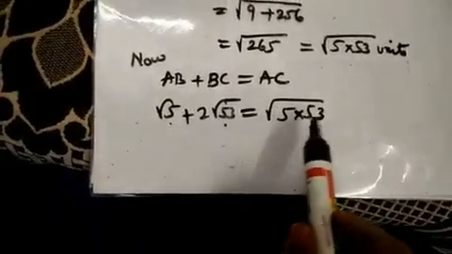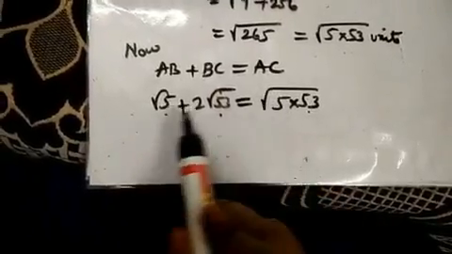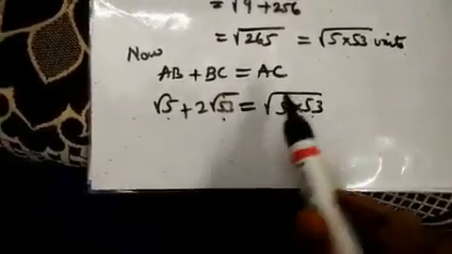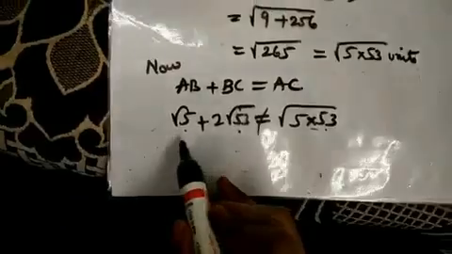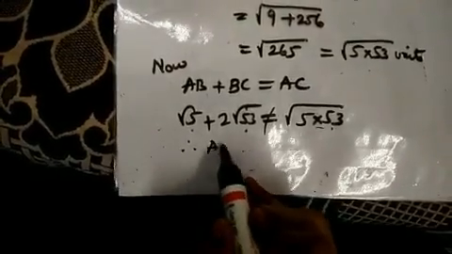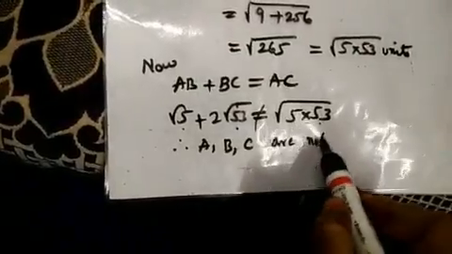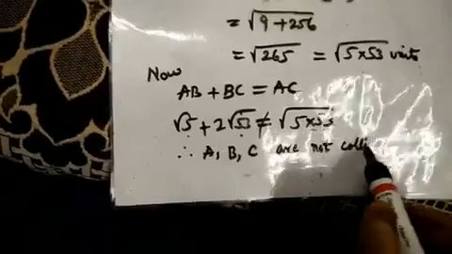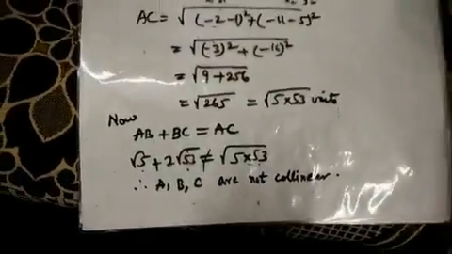Okay? And here it is root 53. Okay, we can say, but root 5 is still also there. So the left hand side is not equal to right hand side. Simply you will say it is not equal. So therefore A comma B comma C are not collinear. Okay. So like this we have completed our question number 3.